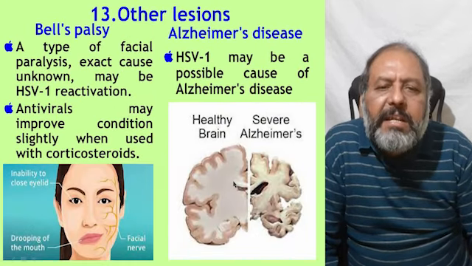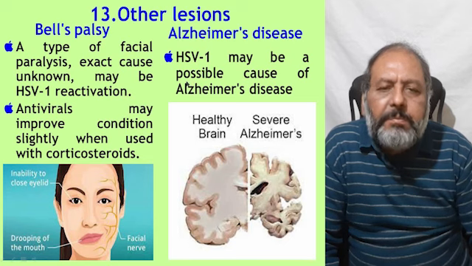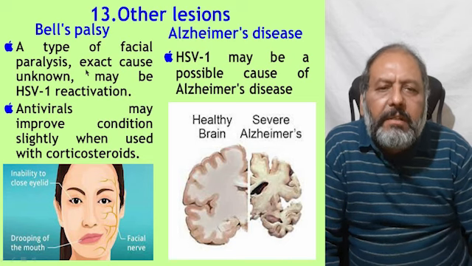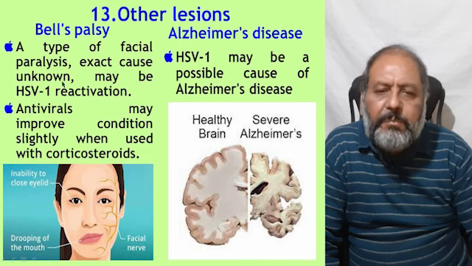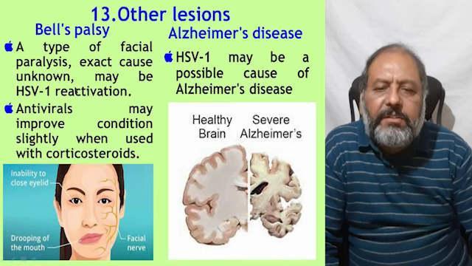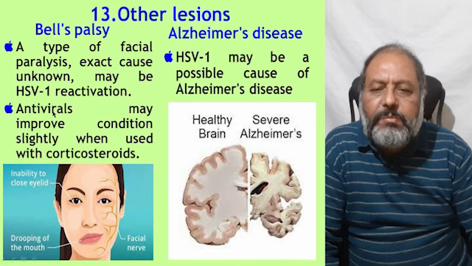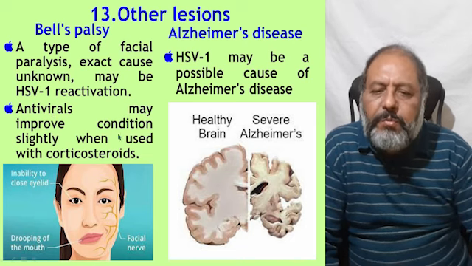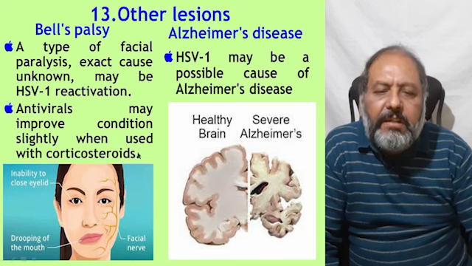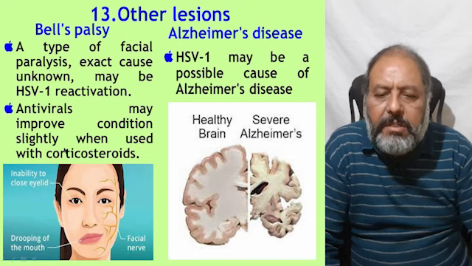Now, 13, the type is other lesions. It can lead to Bell's palsy, a type of facial paralysis. The exact cause is unknown, but it is said to be maybe HSV1 reactivation. Antivirals may improve the condition slightly when used with a corticosteroid.